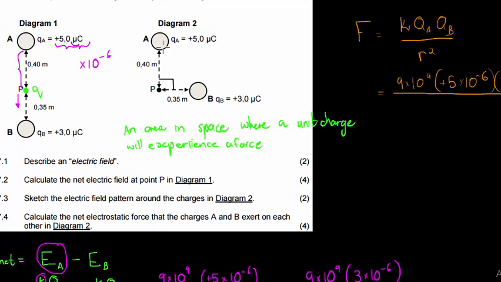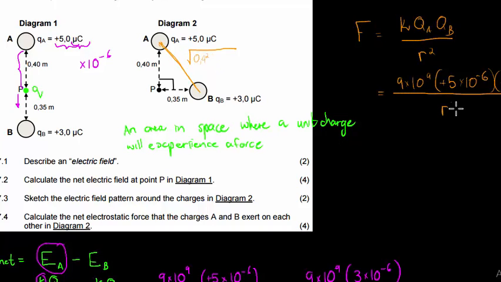The distance between these two, oh, I didn't think of that, but notice these two charges form a right angle triangle, so we need to calculate this distance. I'm using Pythagoras, the square root of 0,4 squared.